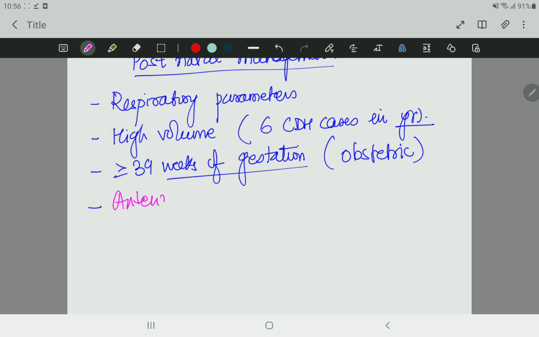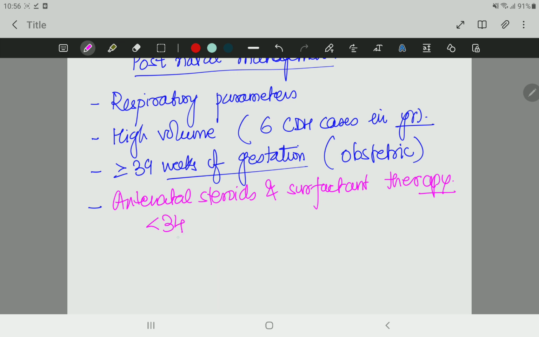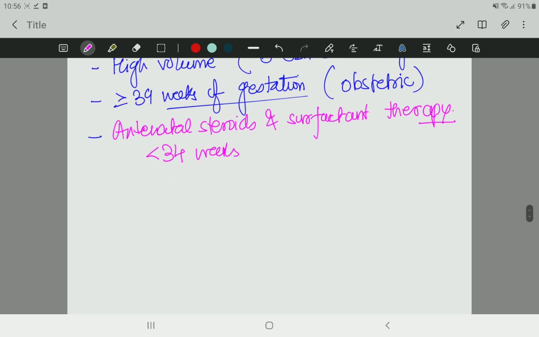Antenatal steroids and surfactant therapy are usually given as we give in other babies less than 34 weeks, depending upon institutional protocols. Then there are a few things we have to remember during delivery.